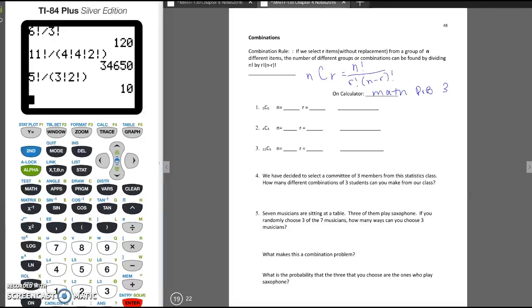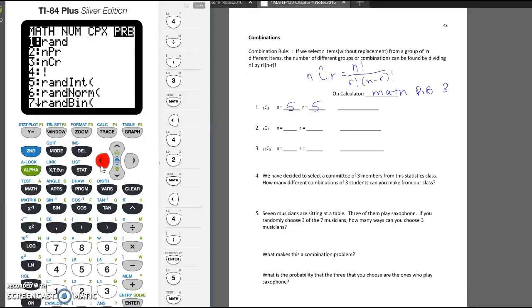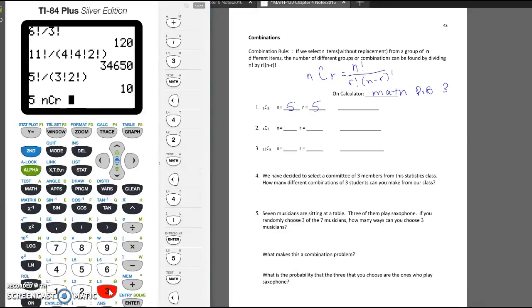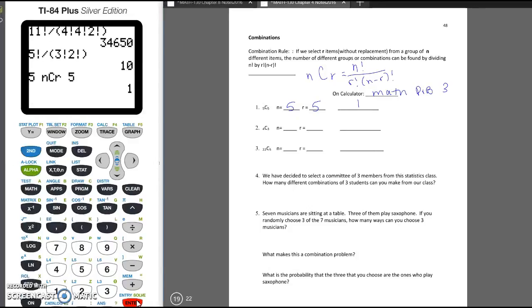So when we have 5C5, our n is 5 and our r is 5. We're going to choose 5, hit math, go over to PRB, choose 3, put 5 in, and we'll see that this is just 1. If you have 5 objects and you want to know how many ways you can make a group of 5, there would just be one way. For 4C3, n would be 4 and r would be 3.